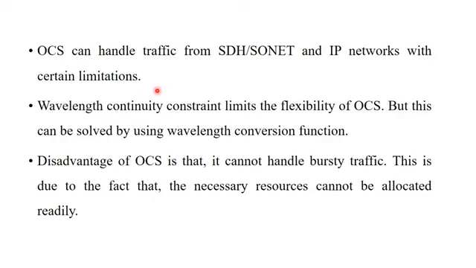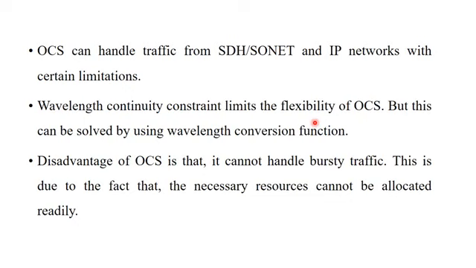In other networks we cannot expect that a particular wavelength lambda 1 must be available throughout a long network, something like a long haul network, so this may not be possible. In such cases, the OCS may face certain difficulties. It is not going to provide flexibility.